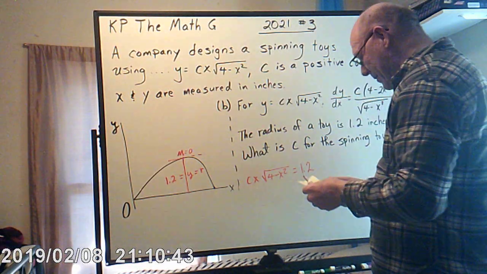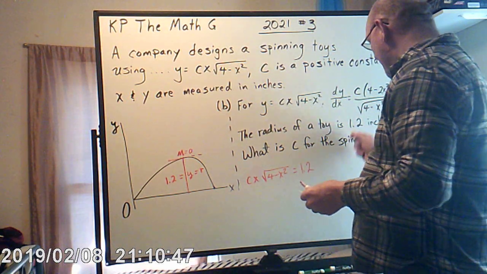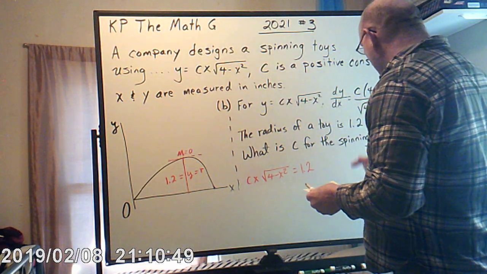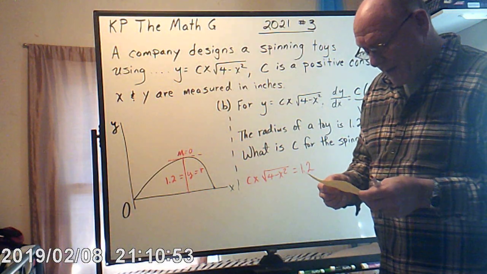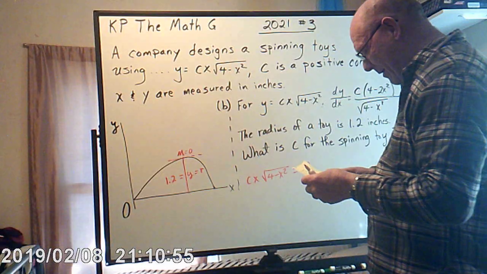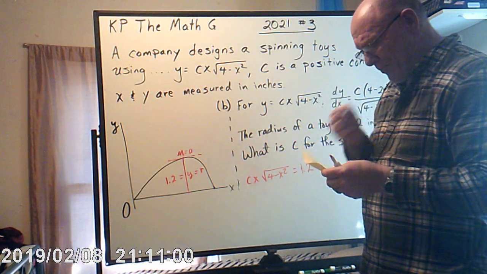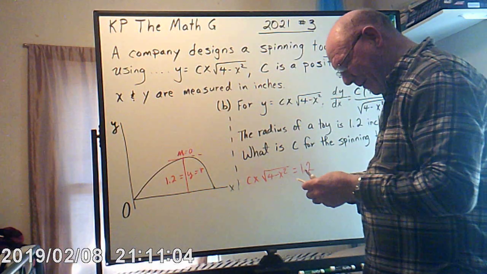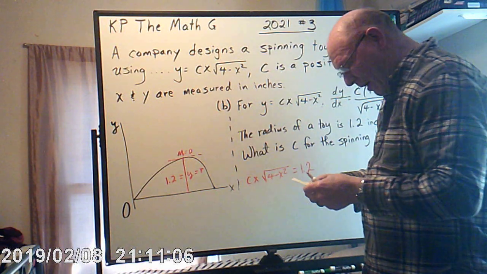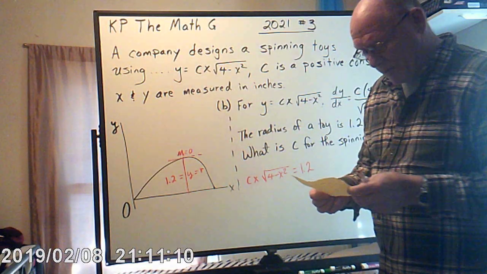So what we want to do is set the derivative equal to 0. Let me think about what I'm trying to do here. Okay, we can solve for x and then we can later solve for c. Yeah, that's what we're going to do.